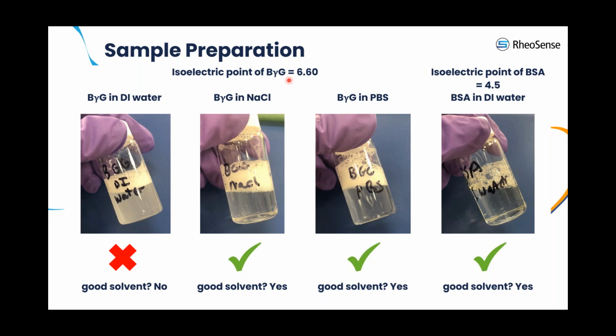That explains why BSA is fully soluble in DI water. Keep this in mind when preparing your samples. This principle also applies when choosing the right cleaning solvent, which we will discuss later.